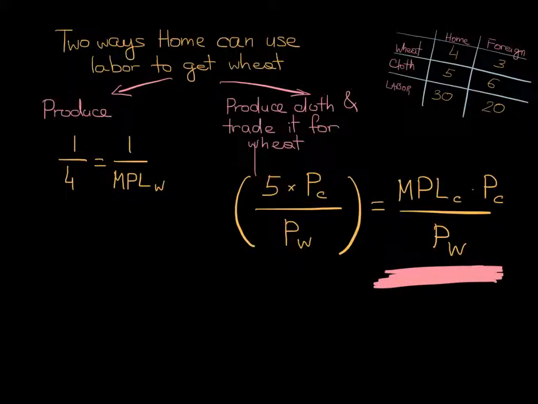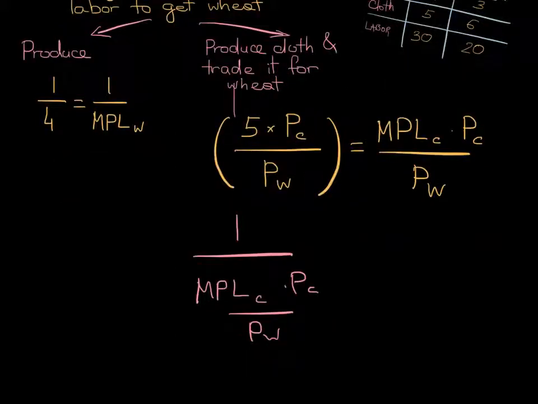Well, to determine how much labor will be used to produce 1 unit of wheat, all we need to do is take 1 and divide it by this whole expression, because it tells us how much wheat 1 unit of labor can produce. 1 divided by MPL of cloth times price of cloth, divided over price of wheat.